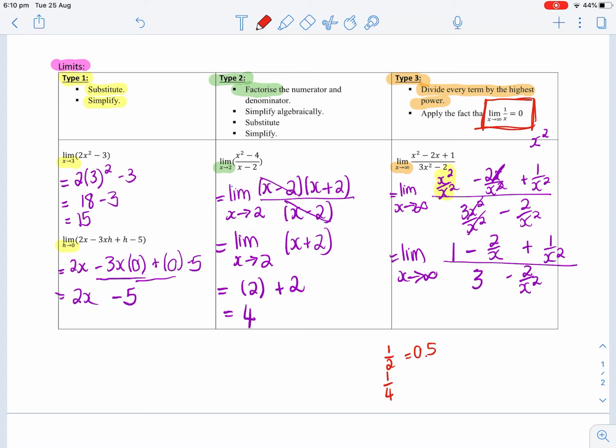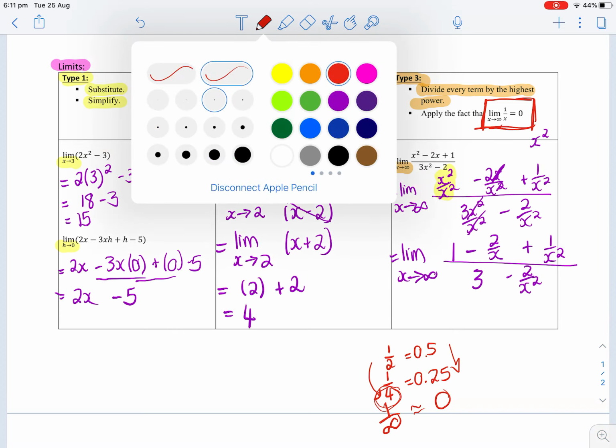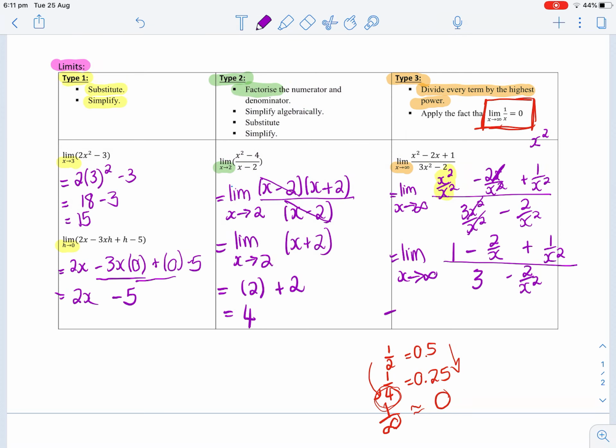A quarter, the value is 0.25. And you see the denominator is getting bigger and the decimal value goes down. So imagine if this denominator value approaches infinity, which is very big, then the overall value will approach 0. That's the fact that I'm going to use now.